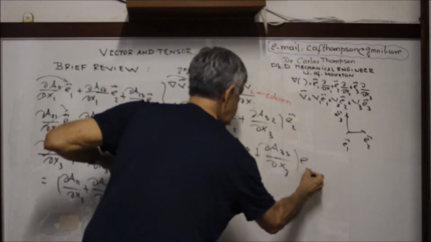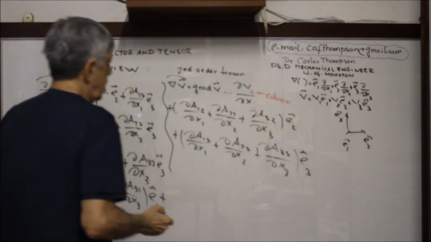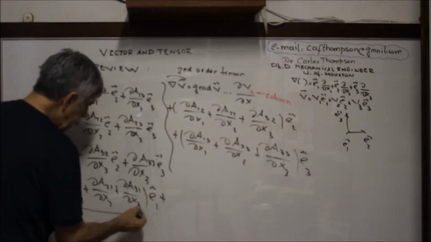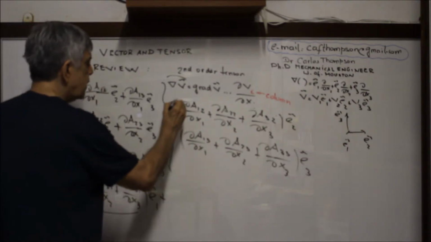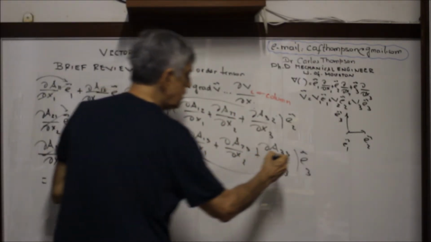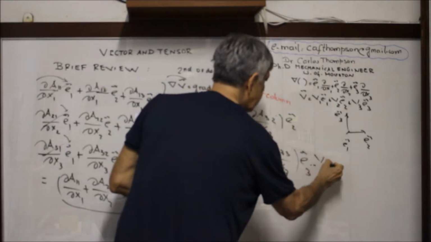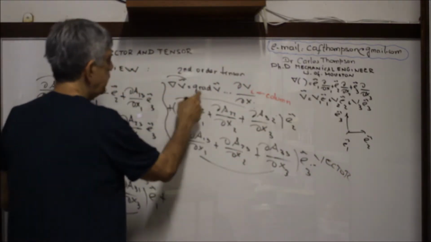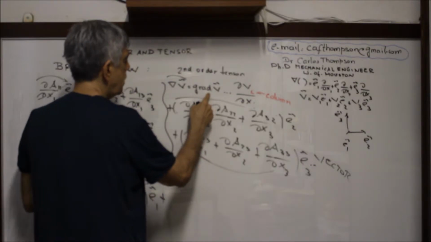This is the x1 component, this is the x2 component, this is the x3 component. So this is a vector. So that is the gradient of v.